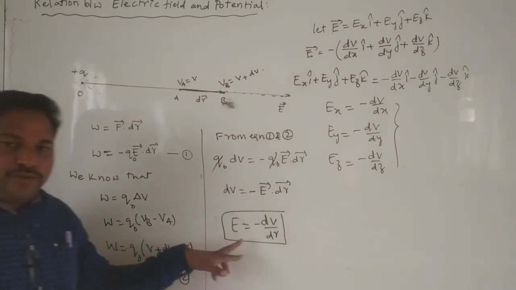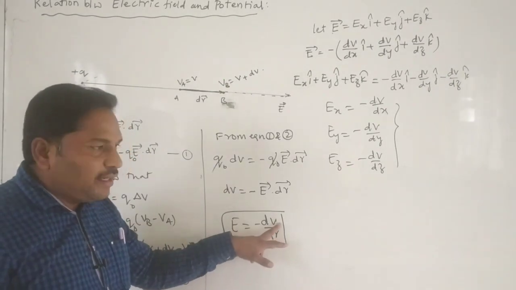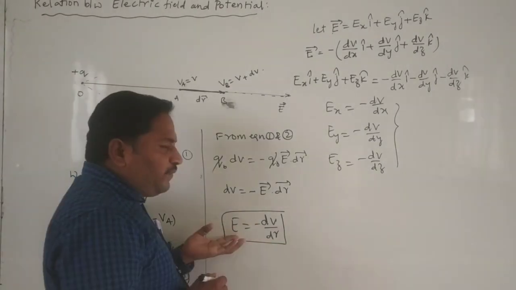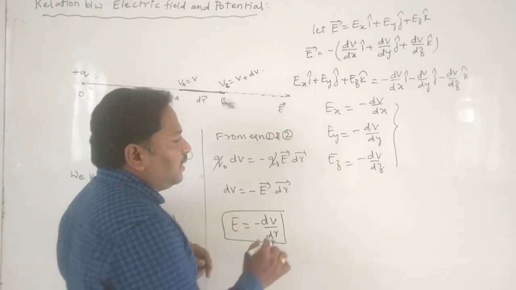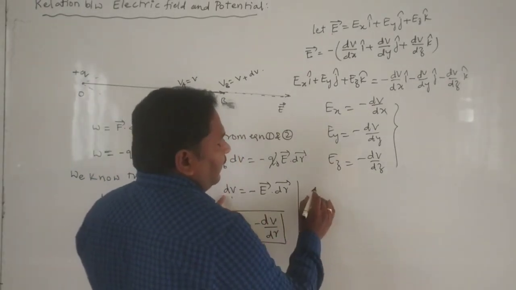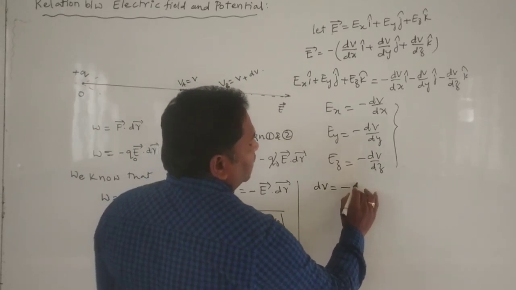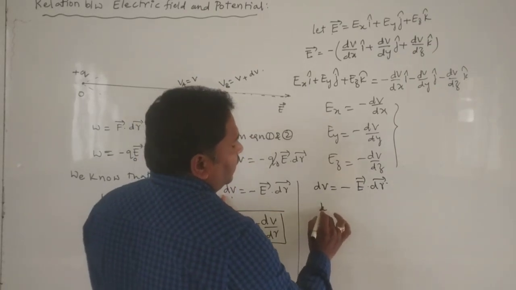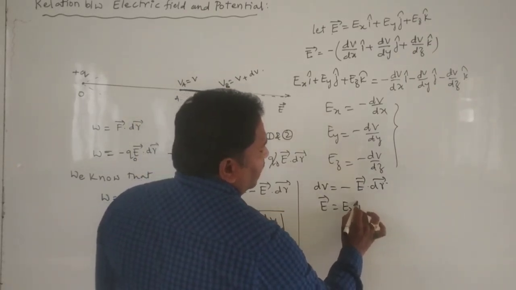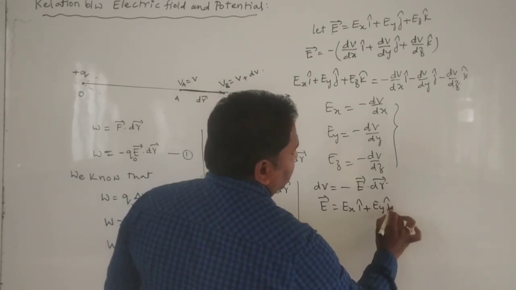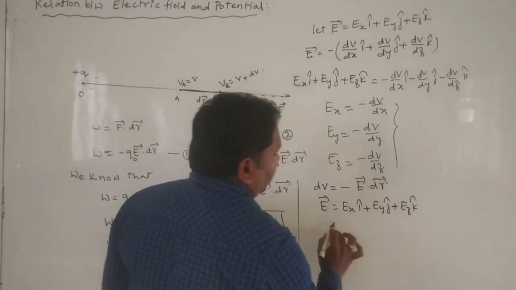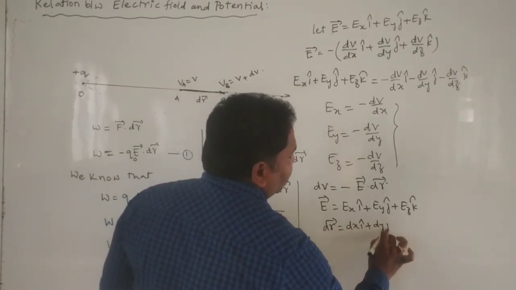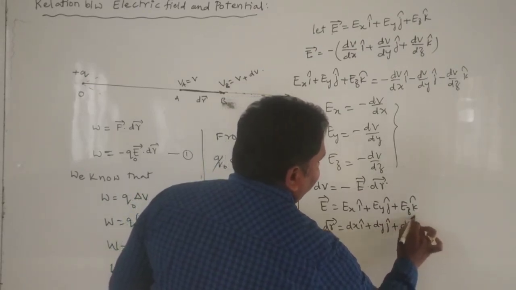So when we use this equation, if we know V, then we can find E. Suppose we know the electric field, how do we find the potential? For this we use the equation dV equals minus E bar dot dr bar, where E bar equals Ex i cap plus Ey j cap plus Ez k cap, and dr bar equals dx i cap plus dy j cap plus dz k cap.